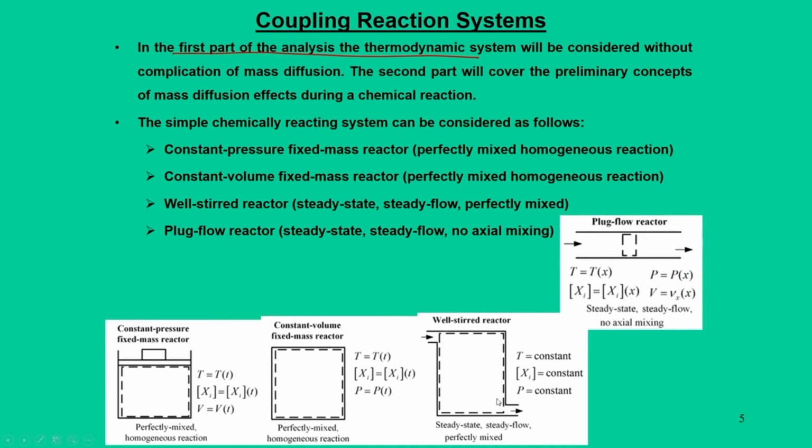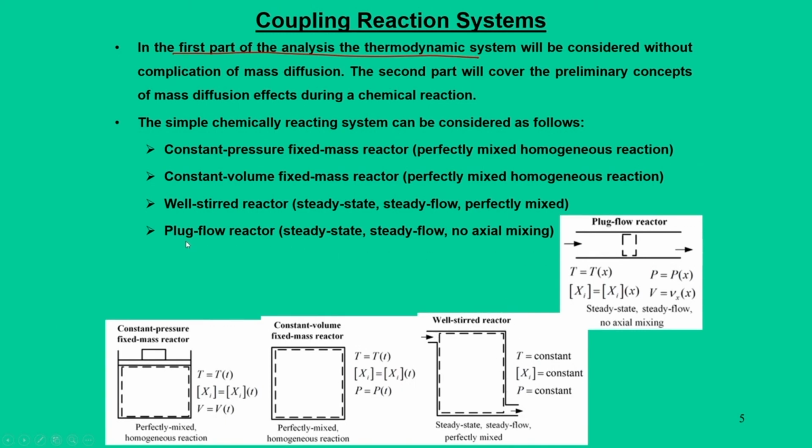But in a well stirred reactor we assume that temperature is constant, concentration is constant, and pressure is also constant. It is a steady state, steady flow analysis, in a perfectly mixed reactor.